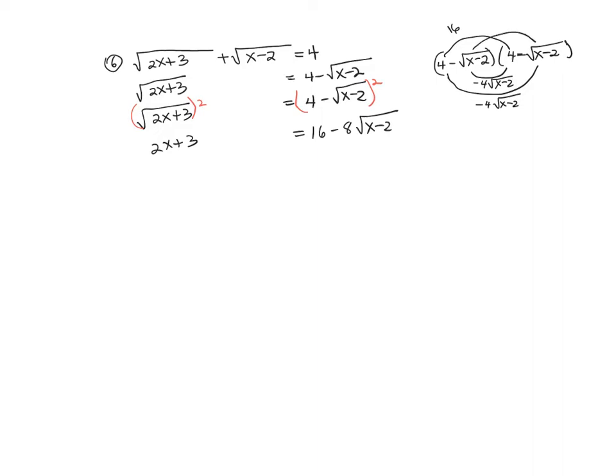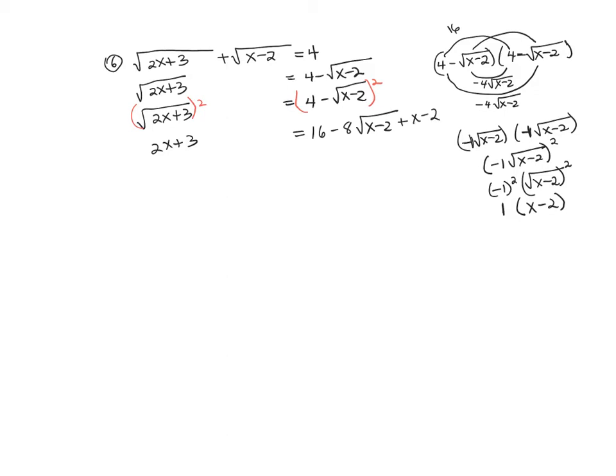The last terms are tricky because a negative square root of x minus 2 times a negative square root of x minus 2 we could think of as negative 1 times the square root of x minus 2, squared. Remember we bring the square over to each factor in the parentheses, so that's negative 1 squared times the square root of x minus 2 squared, and that gives us 1 times x minus 2. So we just add x minus 2.